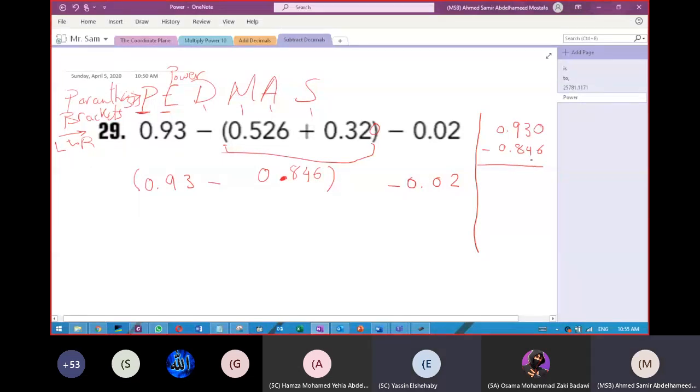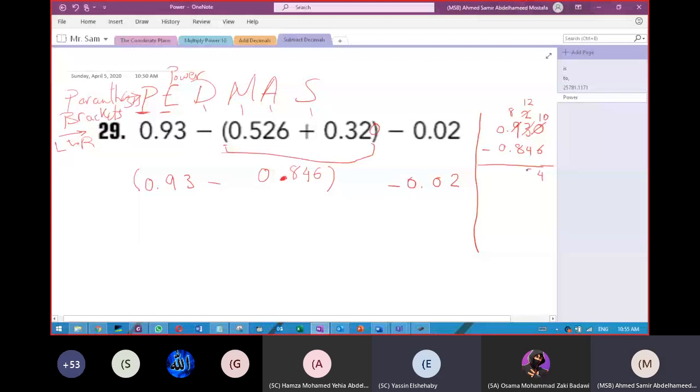What shall I do next? Take 1 from the 3. Right. So this would be 2. And 0 would be 10. 10 minus 6 is 4. 2 minus 4. Not allowed. All right. So what shall we do? The 9 would be 8. Yes. And the 2 would be 12. 12 minus 4 is 8.